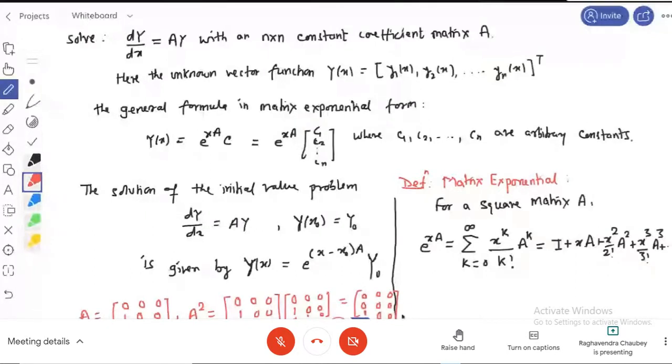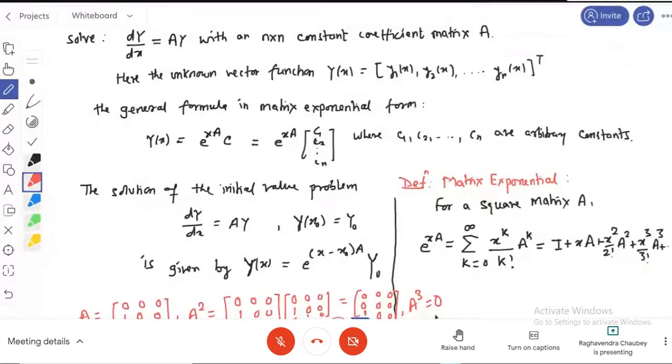Okay, what about A cube? If you multiply this with A, the first row is 0, the second is 0, the third is 0, and the second term is 0 0 0, and here this becomes 0. A cube is 0.